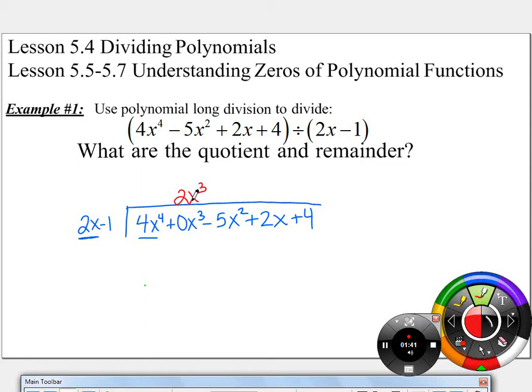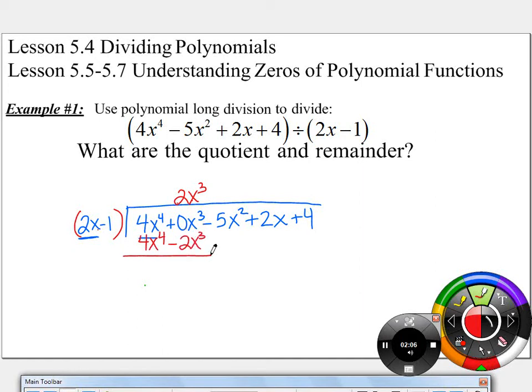Now remember in division, after you've picked this term up here, you multiply it times your divisor, and then you write it underneath to subtract in your long division process. So I am now multiplying 2x to the third times this entire 2x minus 1 divisor. That's going to give me 4x to the fourth, which is what I wanted, minus 2x to the third.